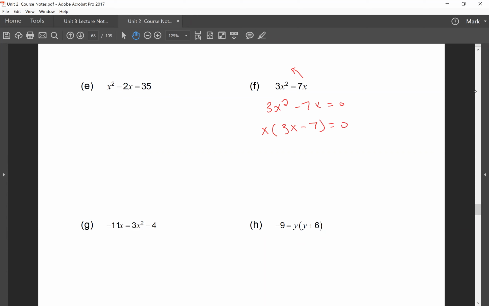And now I'm going to split this equation into two parts and let each side equal 0. So x equals 0, that's nice and easy. And then I get 3x minus 7 equals 0. And I'm going to have to solve this, and this would be x is equal to negative 7 over 3.